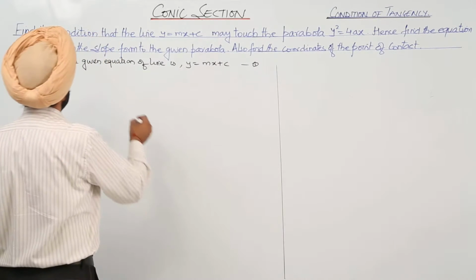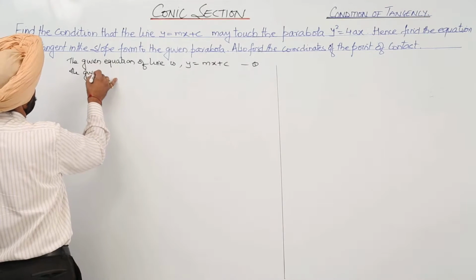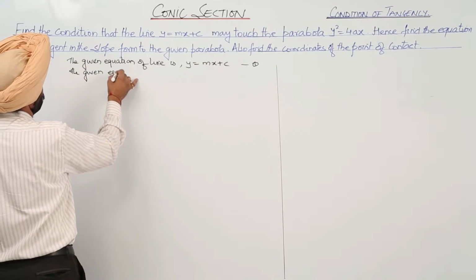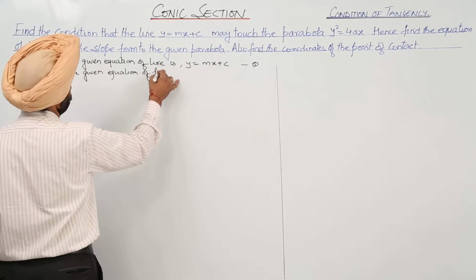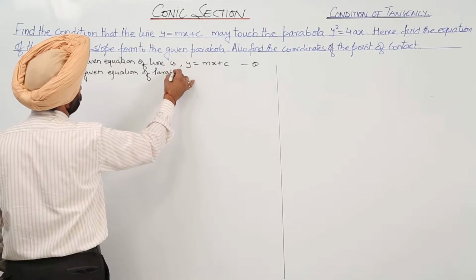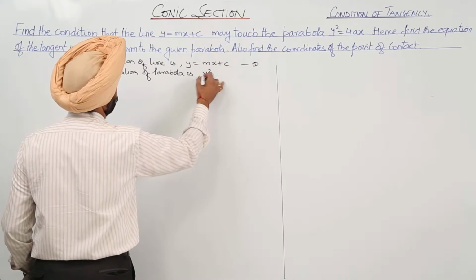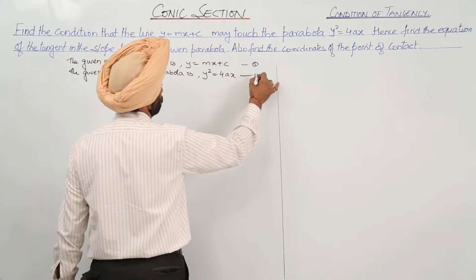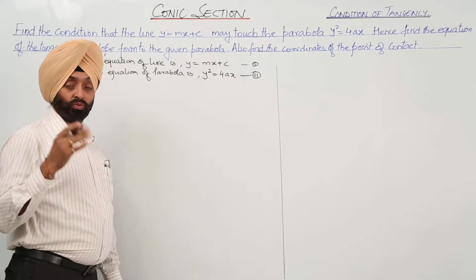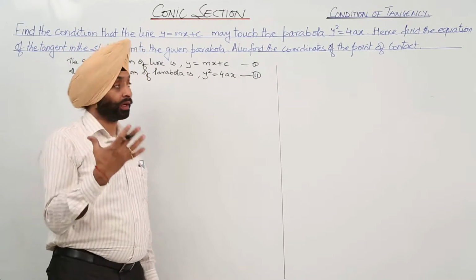The equation of a parabola is also given to us. The given equation of parabola is y square is equal to 4ax, number 2. Equation of parabola I have written, equation of line I have written. Now let us find the conditions.